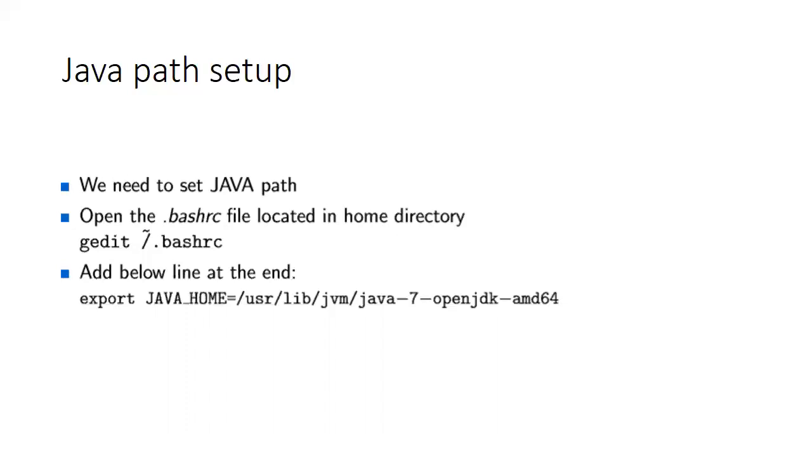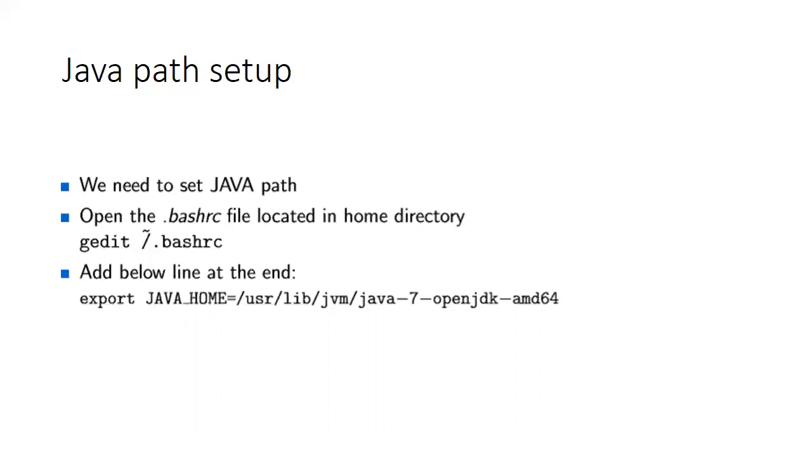In general, in the .bashrc file we can give all setup settings, like path settings in our Windows operating system.